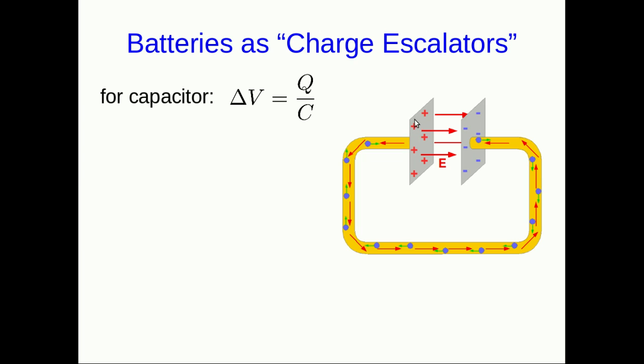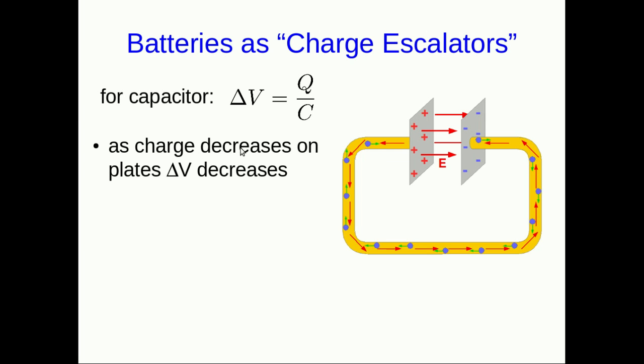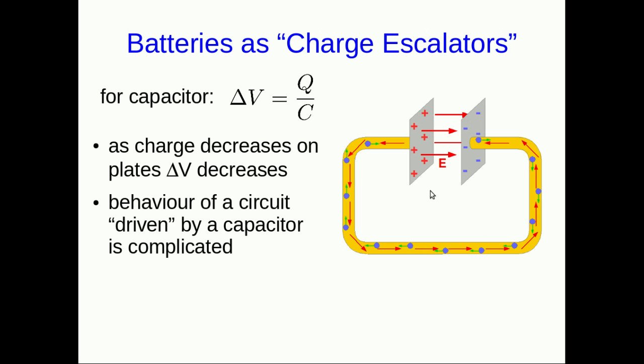As current flows, charge is leaving the plates, so the charge on the plates decreases, and as the charge decreases, the voltage will decrease. This leads to a somewhat complicated situation because now you have a changing voltage driving your current, and it means things are changing with time, your current changes with time, and so on and so forth.